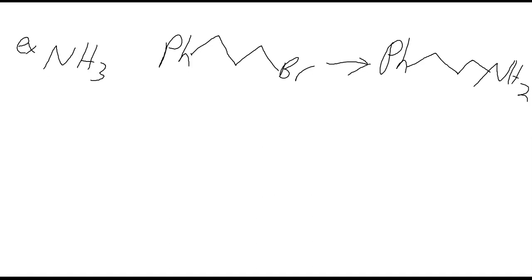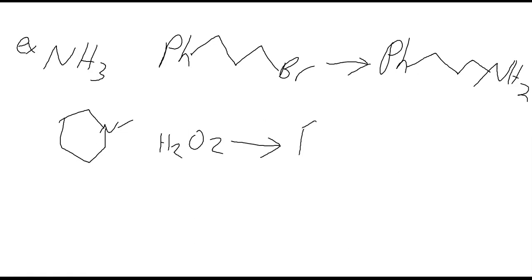Now, reaction C is using an N-methyl nitrogen ring and hydrogen peroxide. Hydrogen peroxide is an oxidant. It's going to oxidize the nitrogen to the best of its ability, but it's not going to kick off any carbons.